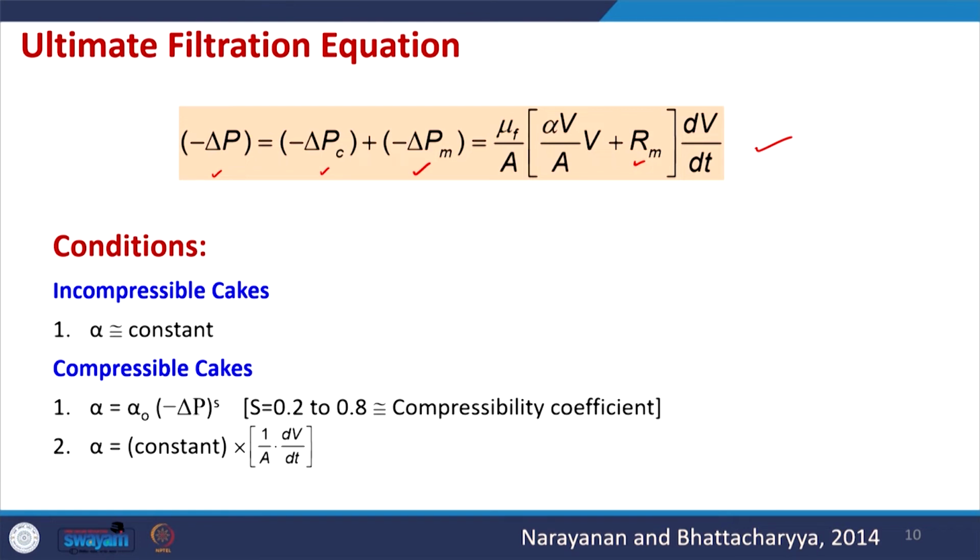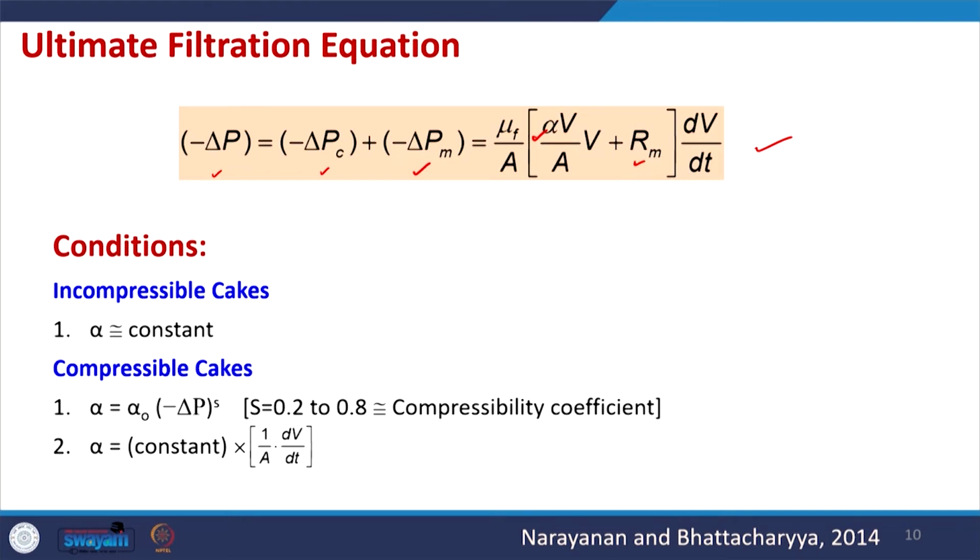Now, there is a term alpha here, which depends on whether the cake is incompressible. We have already studied compressible and incompressible cakes. A compressible cake is fluffy in nature, and its density can vary a little with pressure.